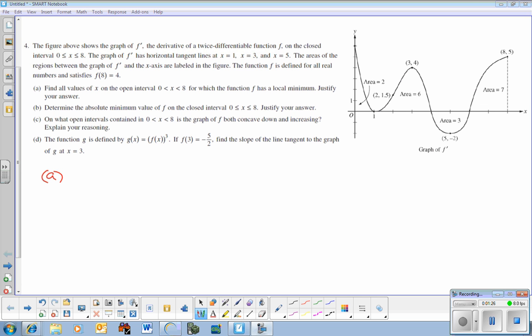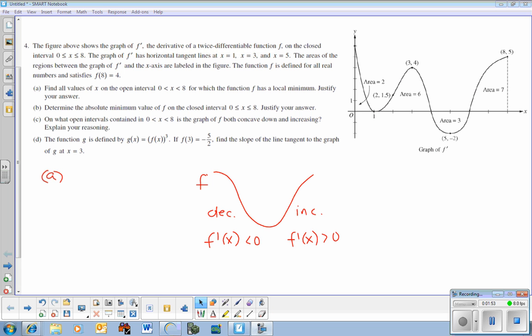Okay, so let's think about what that means. For f to have a local minimum, that means f itself has made a dip. So what's true about f is f goes from decreasing to increasing. What's true about f prime is f prime went from negative to positive.